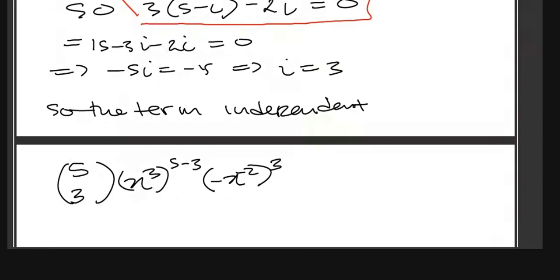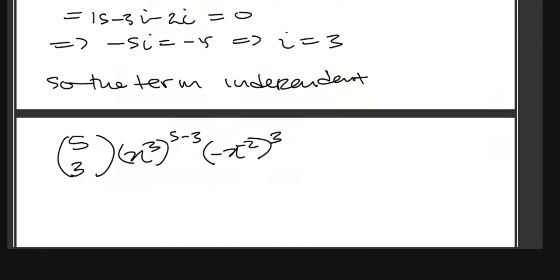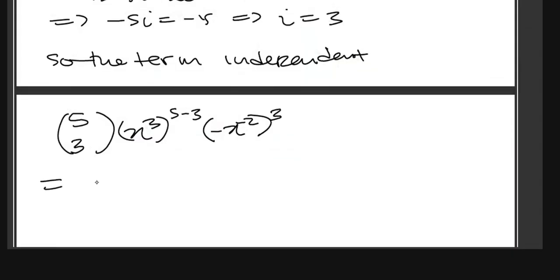This is a term. So already we've worked out that this is going to be 10. Then here we're going to have x to the power 3 multiplied by x to the power 2. Then this one is going to be equal to negative x to the power 6, because negative to the power 3 is negative, okay?